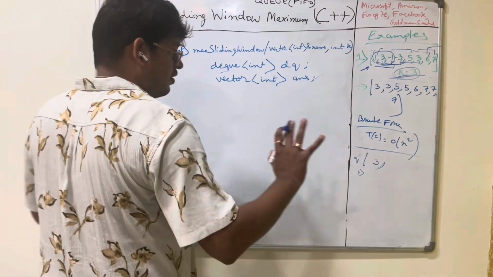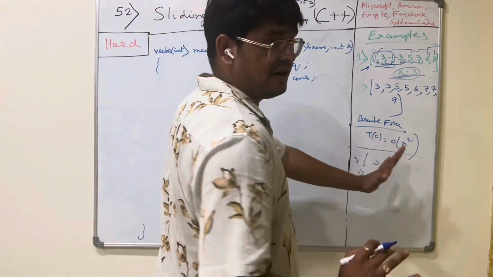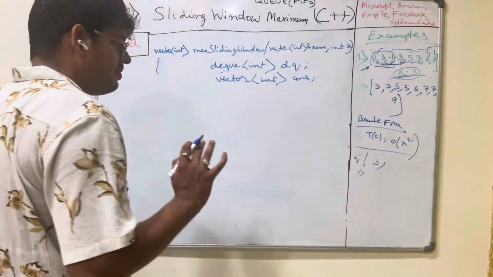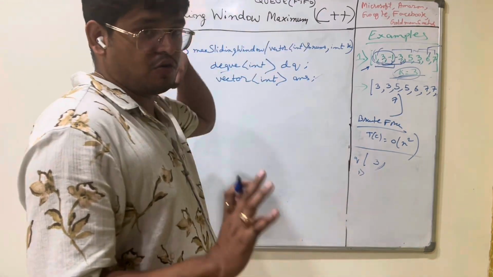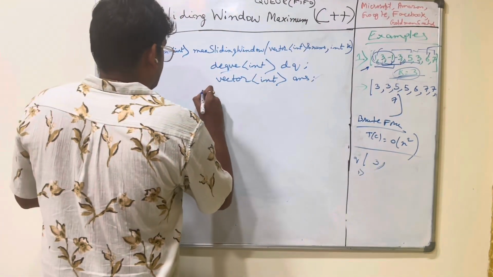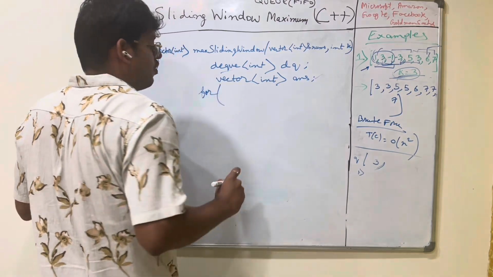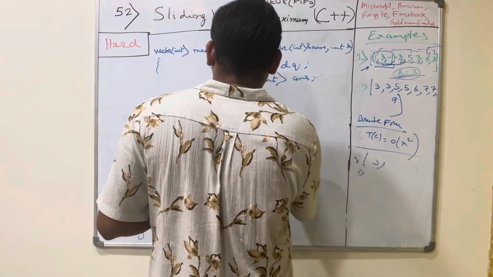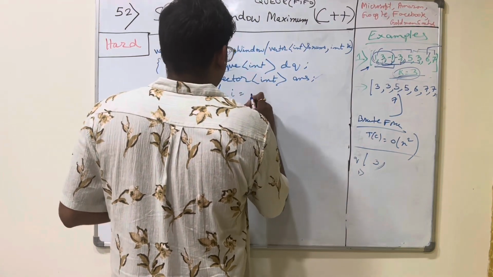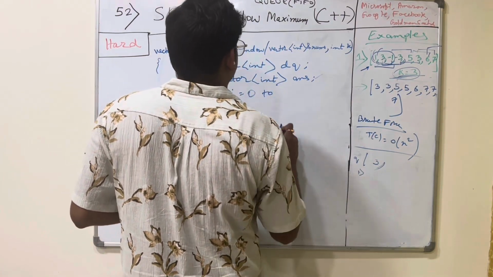Let me code it and explain the scenarios. That would make more sense. Otherwise, remembering everything and then coding it again, we will forget it. So we will code each and every observation, and at the end you will understand the solution.